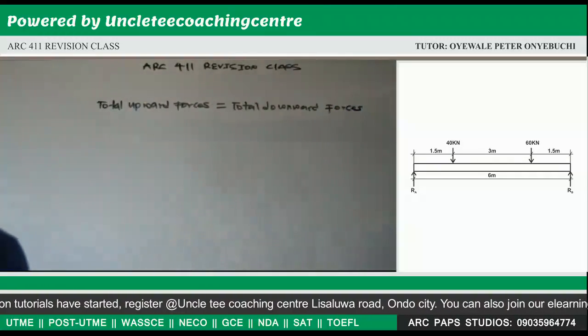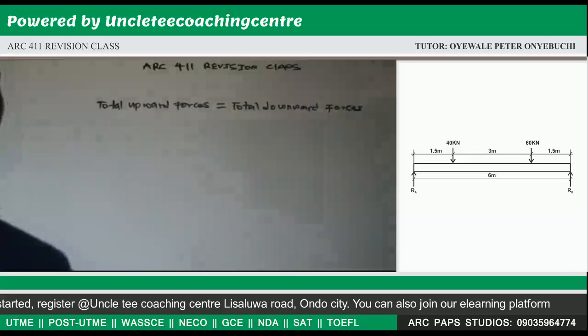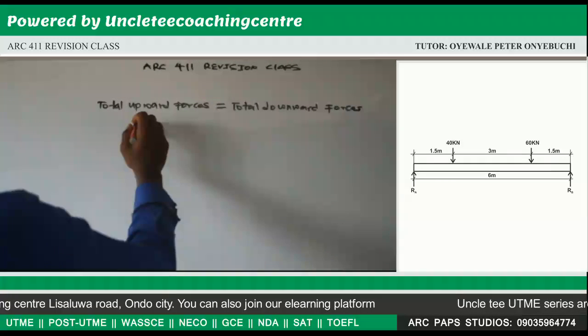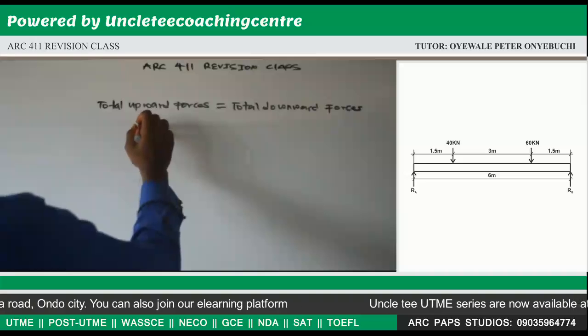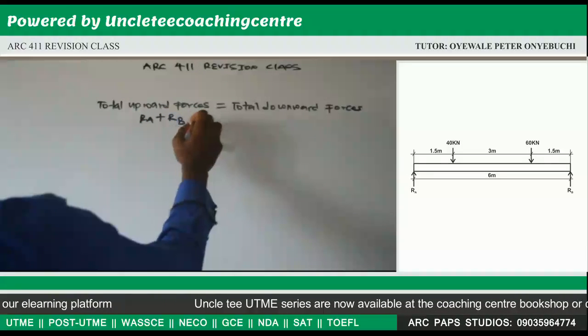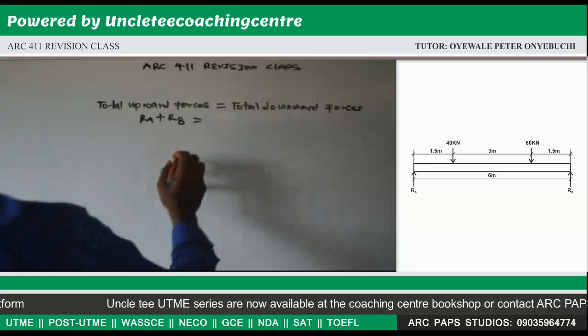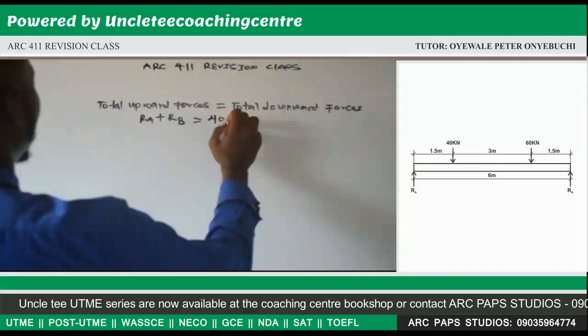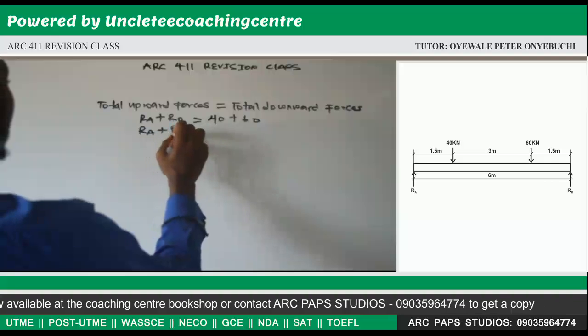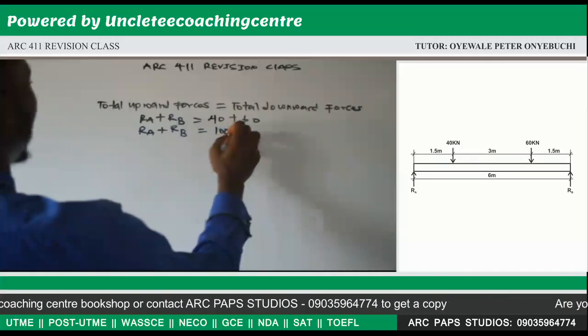If you take a look at the diagram, we have a reaction at A and a reaction at B. Our total upward forces is RA plus RB, which will give us our total downward forces, which is 40 plus 60. It means RA plus RB will give us 100 kilonewton.